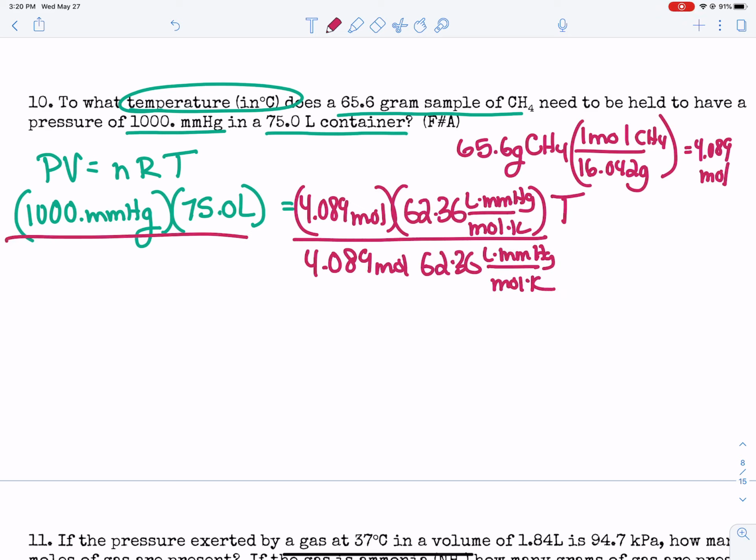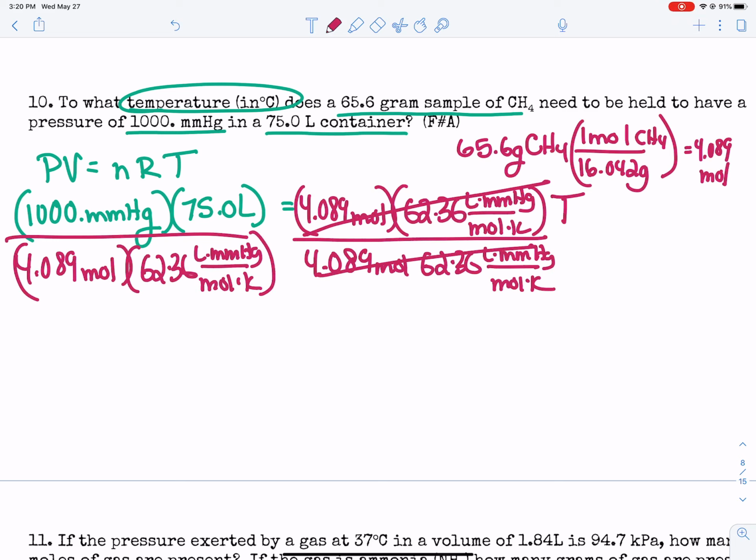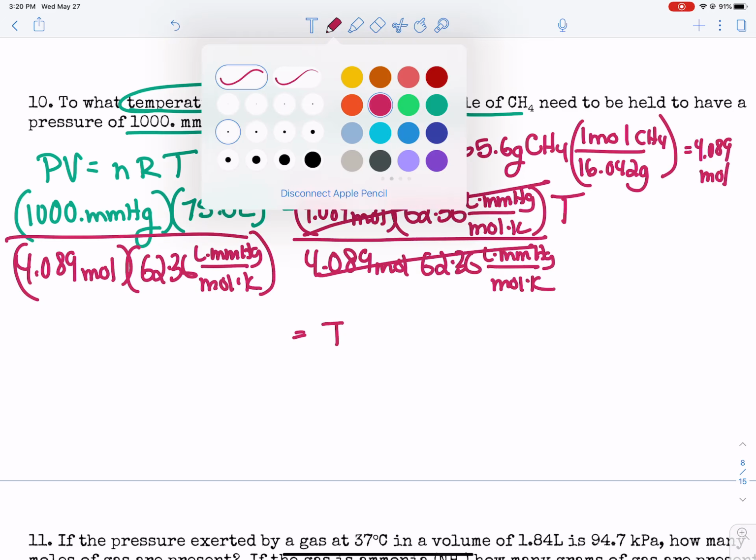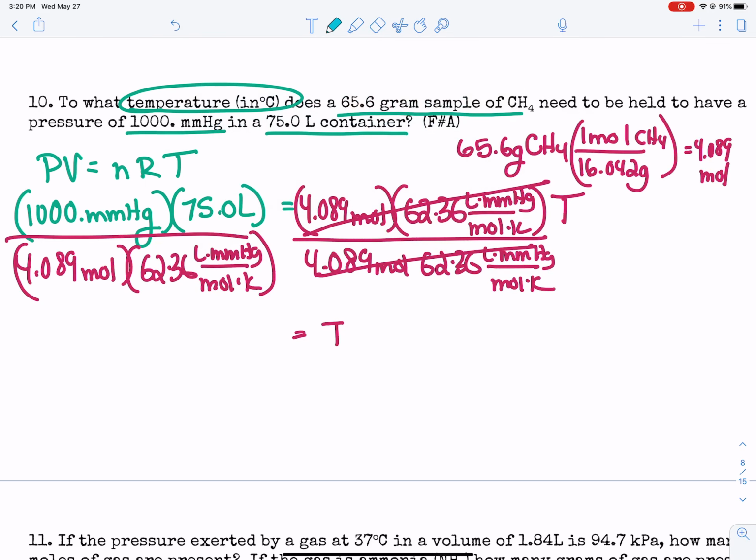And you do the same thing on the other side. And you don't need to necessarily write this out all the time, but I wanted to show you, again, how these units cancel out.